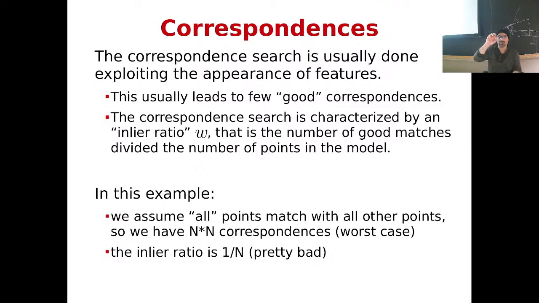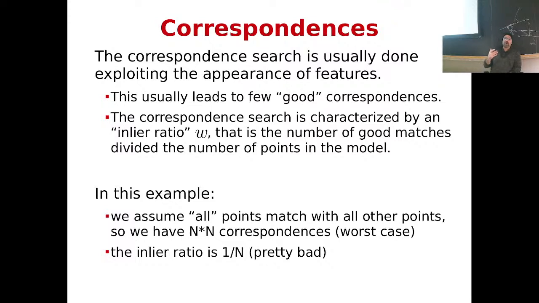All points might correspond with all other points. It's a huge set. So if I have n points, I will have n times n correspondences in the two sets, okay? And this leads to an inlier ratio, which is how many good out of the total number of correspondences I have, which is pretty bad. It's 1 over n, no? Which is really bad. If I have 1,000 points, it means that 1 over 1,000 of these correspondences is a good one, okay?